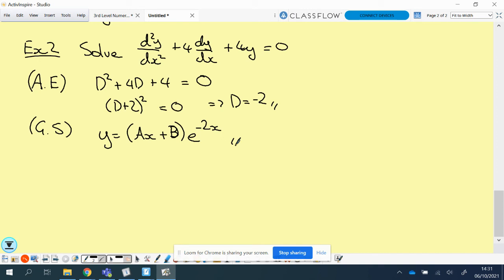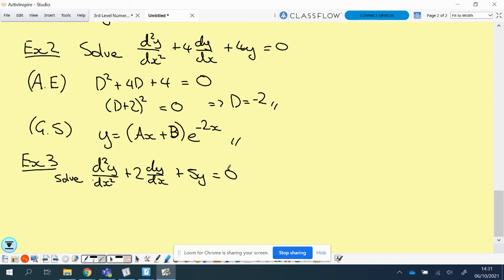Okay, and last but not least, let's go to example 3. Let's look at one that will have complex roots. Okay, so let's solve. I better write the word solve in. Solve d squared y by dx squared plus 2 lots of dy by dx plus 5y equals 0.